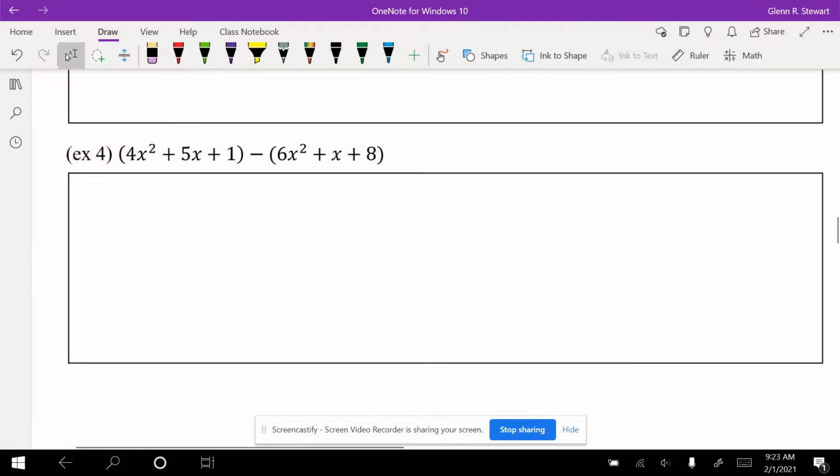Right. This is probably one of the easier ones that gets missed the most by students, just letting you know. It's because most of the time a lot of students forget to distribute the negative. So even though we're going to drop the parentheses for the first part, we're also going to distribute the negative, essentially distributing a negative 1 throughout our entire back half.